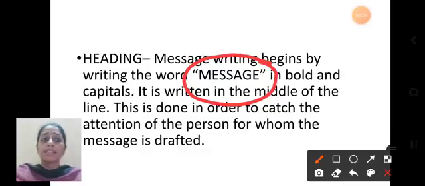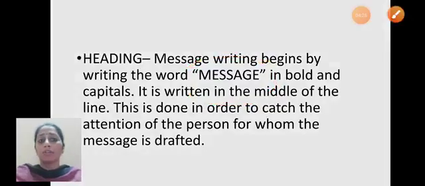Now this is written in the middle of the line. The very first line you will write down message, and message will be written in the middle of the line. Now why is this done? This is done in order to catch the attention of the person for whom the message is drafted.